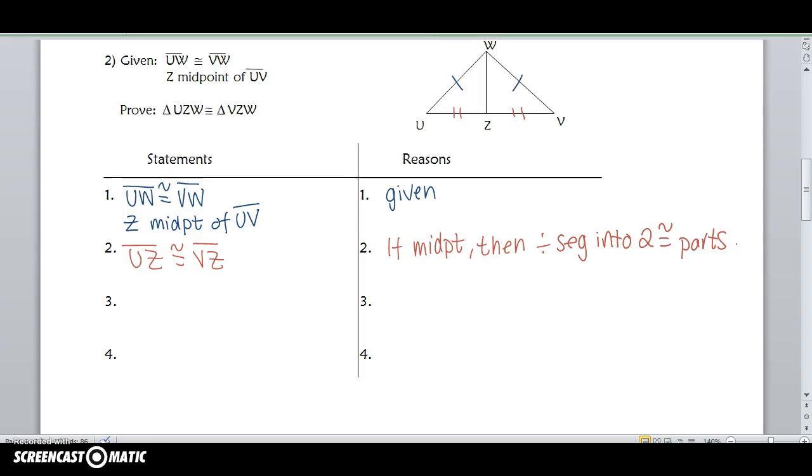What else are we missing, right? We have a side, we have a side. Is there anything maybe that's overlapping between both of these triangles? If we're comparing these two, heck yeah, we have WZ congruent to WZ by reflexive property.